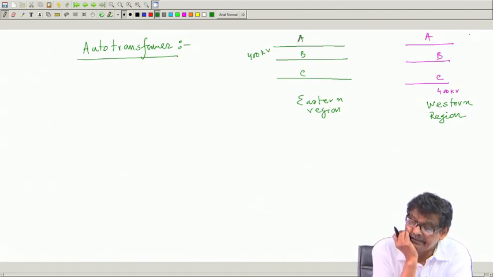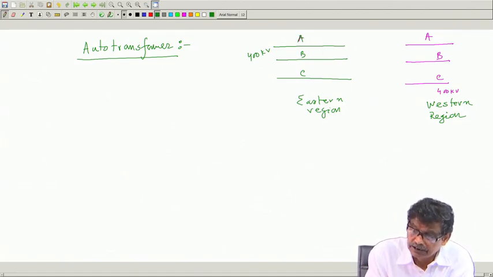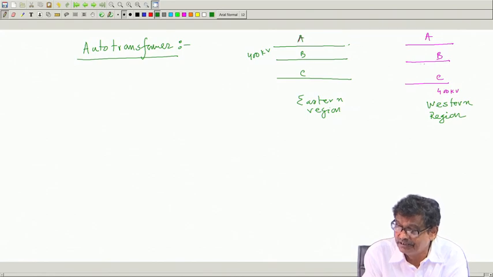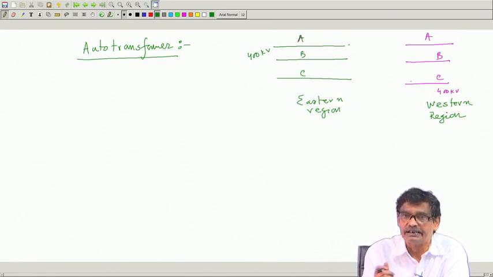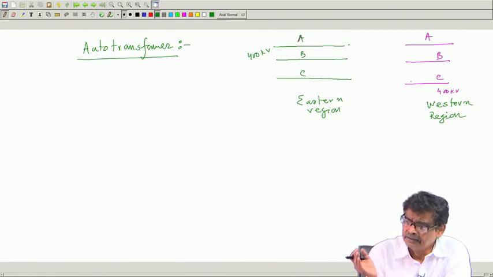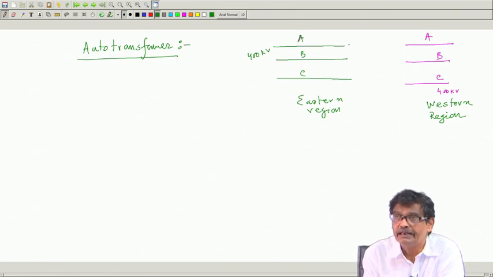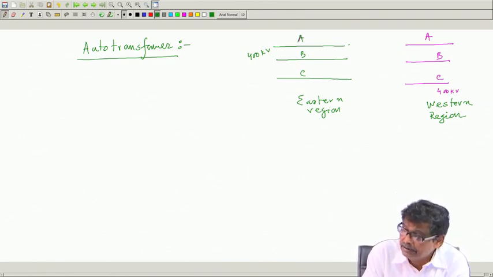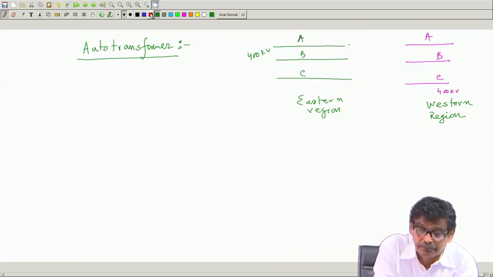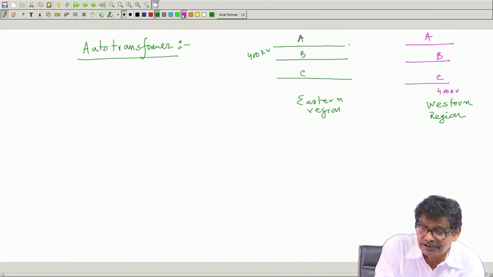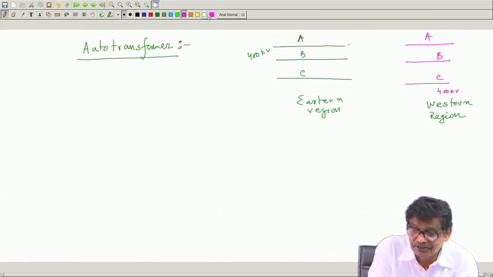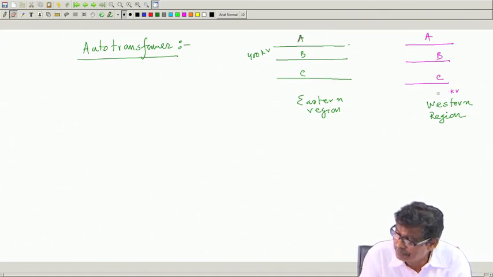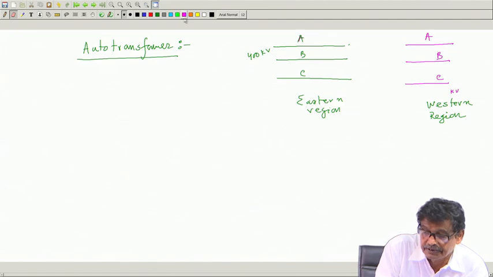Now, what happens is this is 400 kV. When you connect these two, you cannot just short them like that, because the level of the voltage must be the same. It may so happen that this side voltage is not 400 kV for some practical reason, and it is 390 kV.